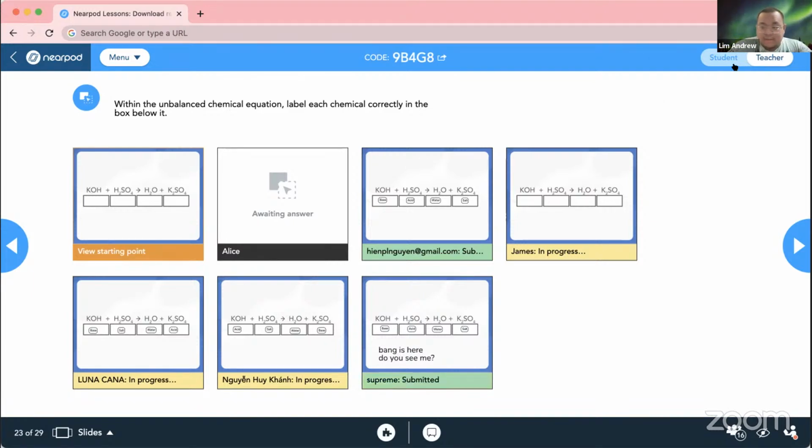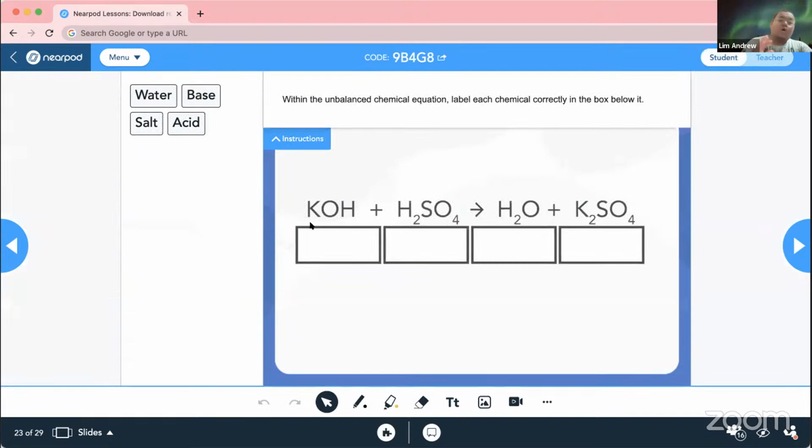Okay, let's carry on. Let's see the correct answers. So KOH, based on what we have learned, when you see OH, it means it is a base. Next up, H2SO4. When I see H, it is an acid. I know that acid plus base, or base plus acid, will give me the product of water plus salt.